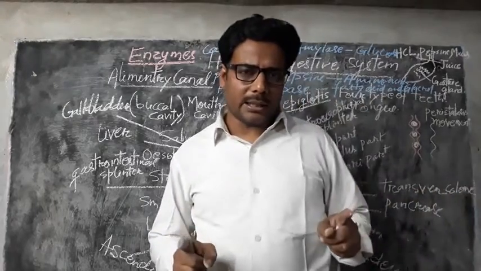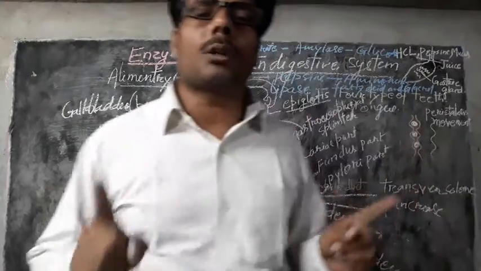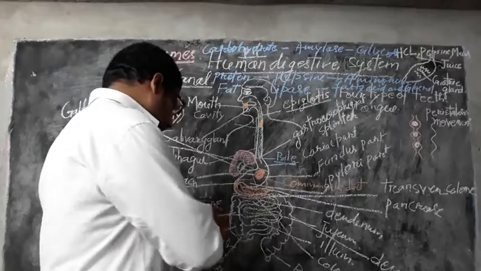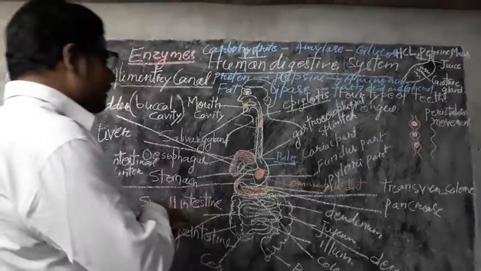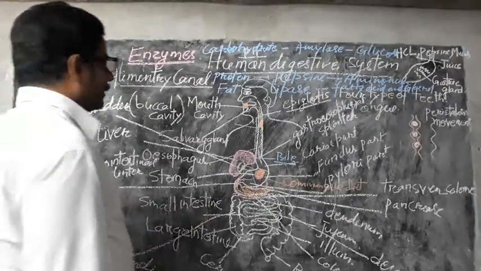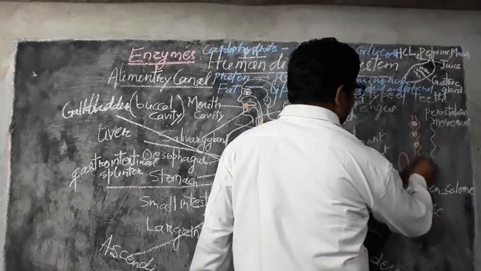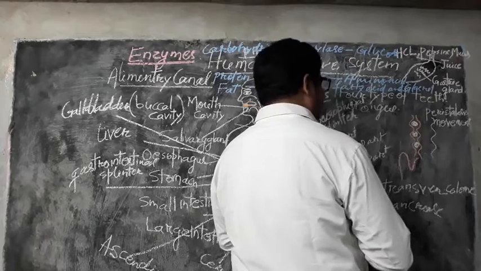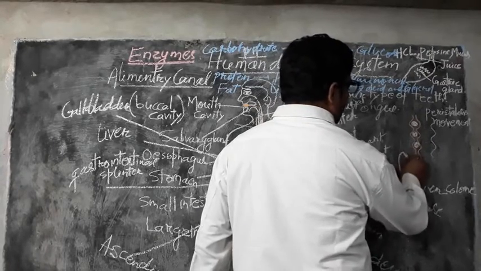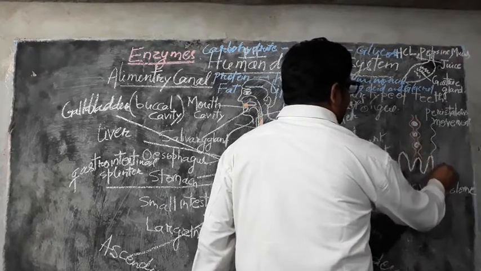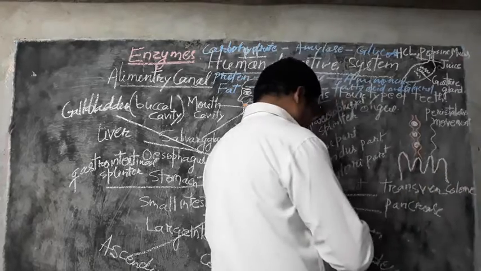The simple, soluble, absorbable form of food is absorbed by the inner surface of the small intestine. The inner surface of the small intestine has millions of finger-like projections.